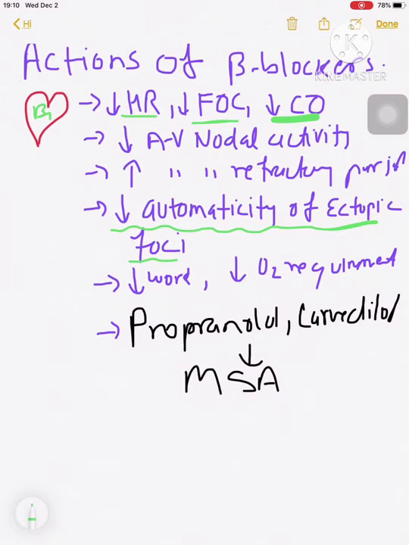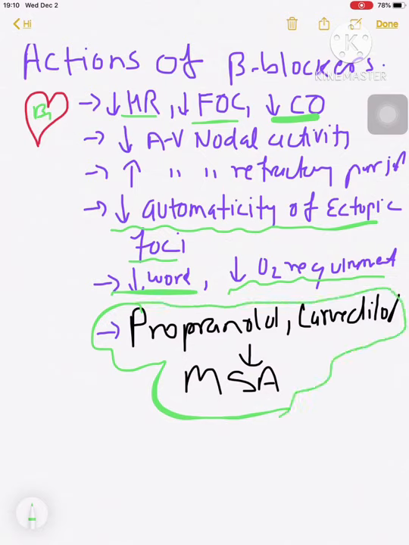Since they decrease the heart rate, force of contraction, and cardiac output, they decrease the cardiac workload and thus the cardiac oxygen requirement. Remember that at higher doses, metoprolol and carvedilol act as membrane stabilizers, but only in high dose. So these are the cardiac actions.